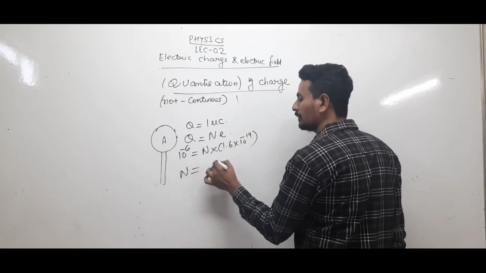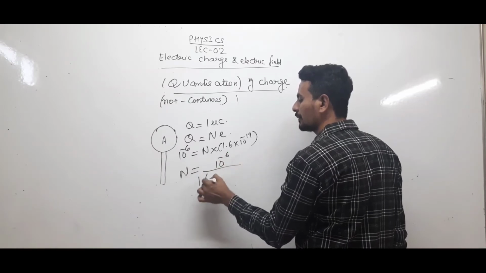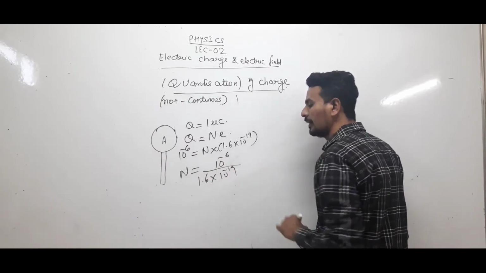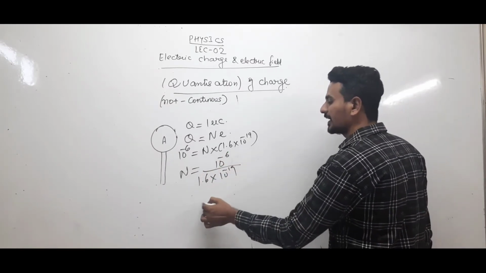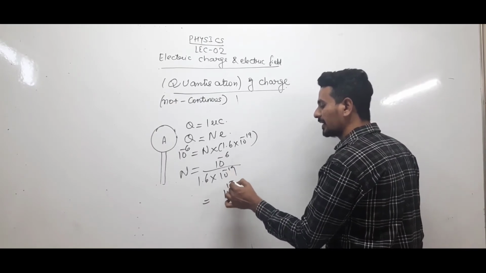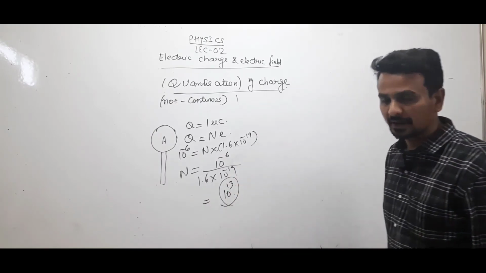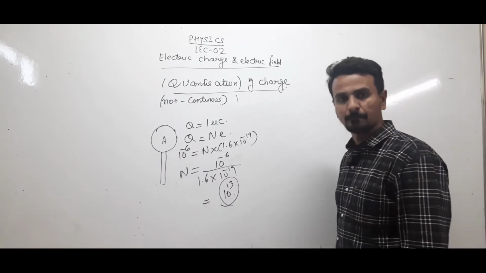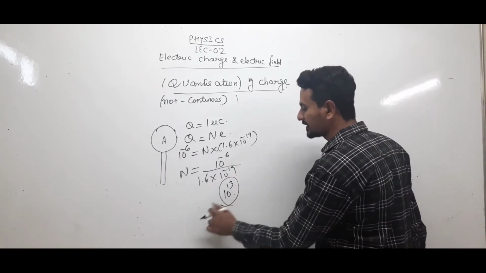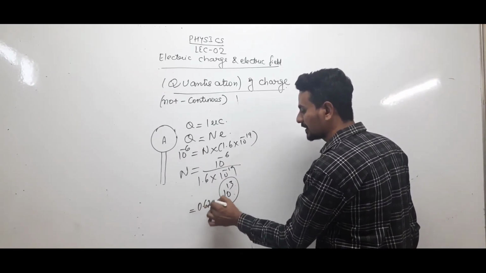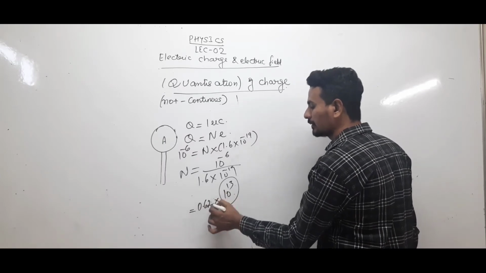So N equals 10 raised to minus 6 upon 1.6 into 10 raised to minus 19. Forget about the value, but let us compare the power. It will be nearly 10 raised to 13, right? Or 10 raised to 12, because if I think this will be 0.625, I'm not exactly sure, 0.625, right?